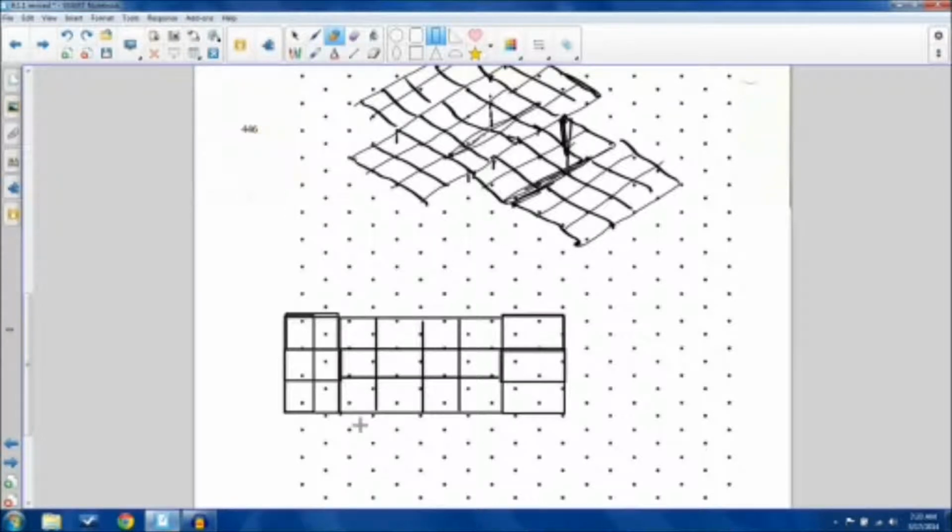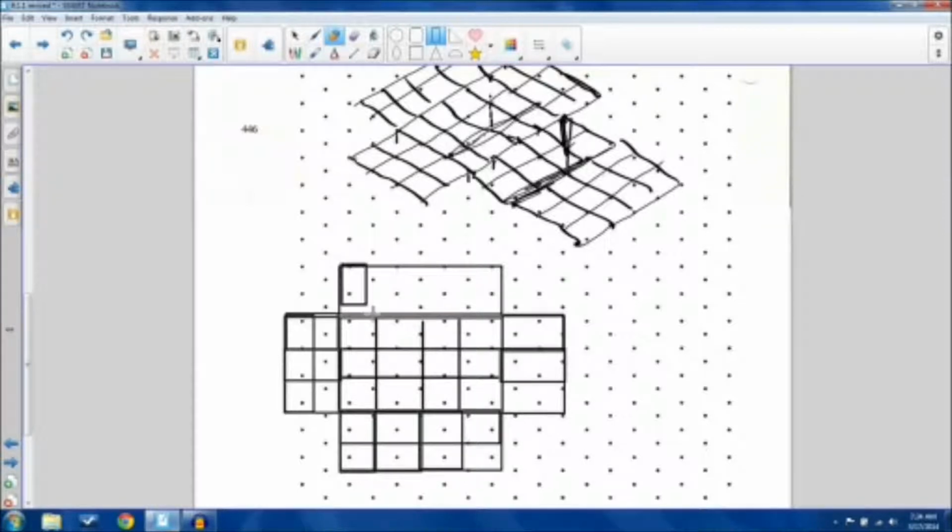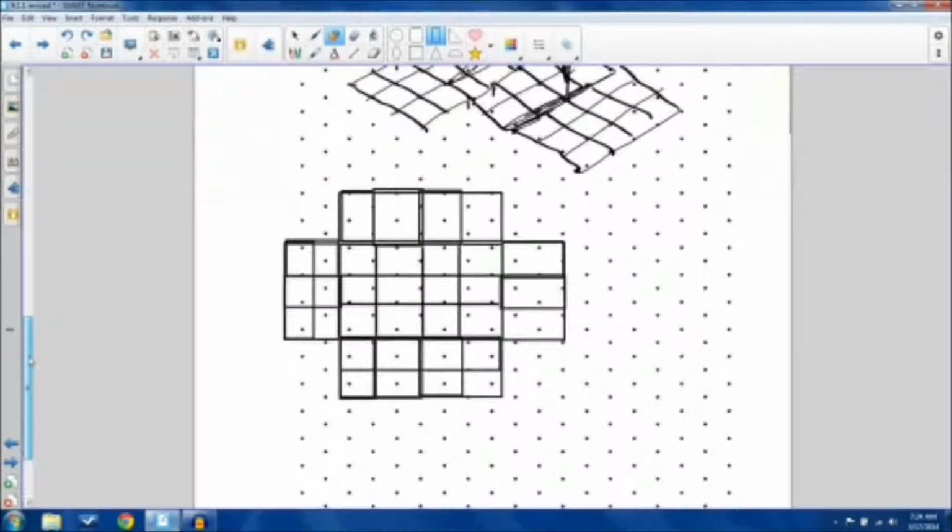Let's do that down here. This was a 2 by 4. I unfolded this portion up here, also 2 by 4. And I unfolded the bottom as well, which was a 3 by 4, just like the top.